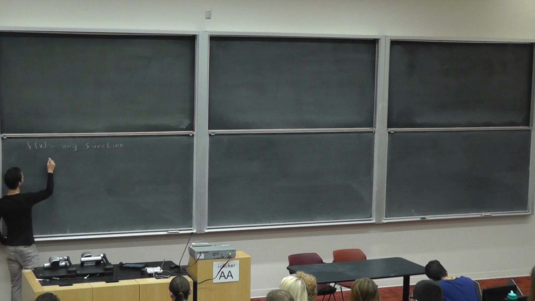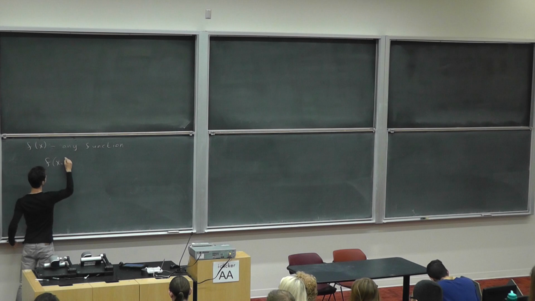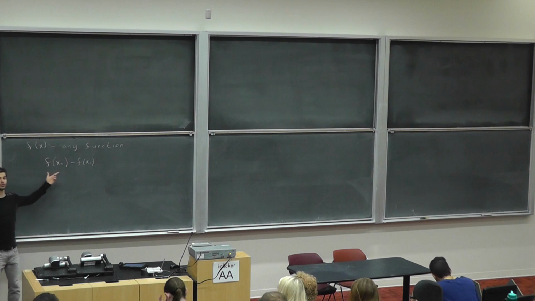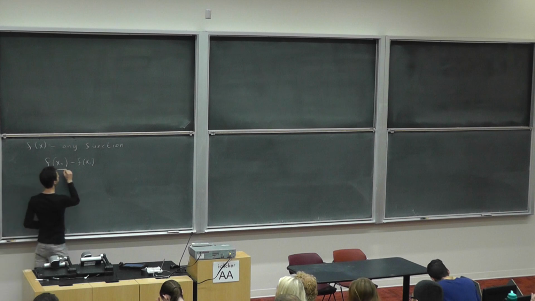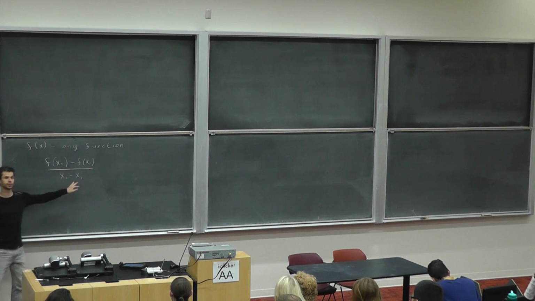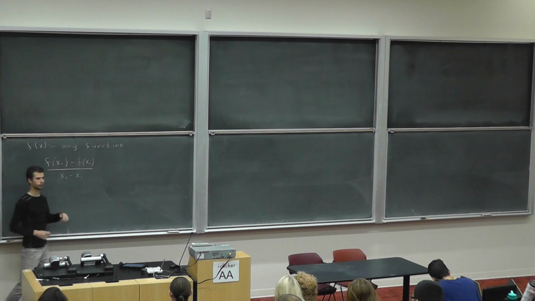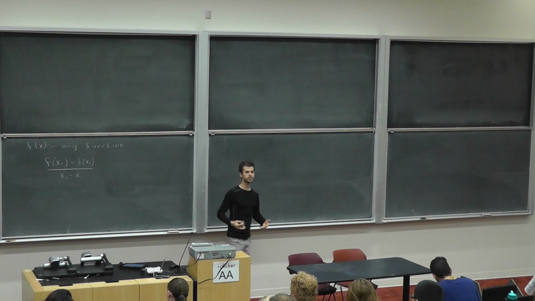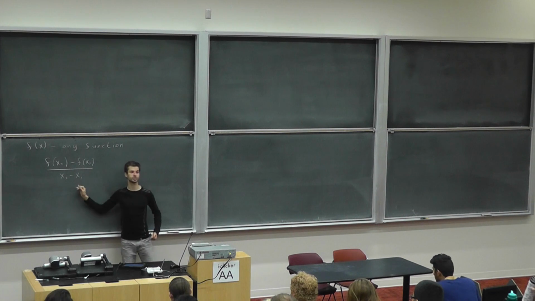And we talked about such a function: f of x2 minus f of x1, the change in values of the function f, divided by how much the argument of f changed, x2 minus x1. So how much the quantity f is changed, divided by how much its argument changed.